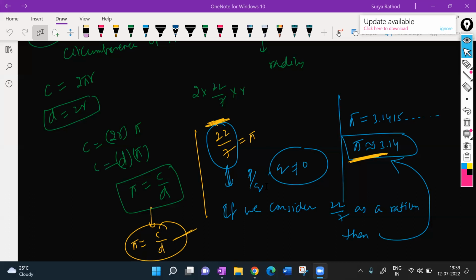Why? Because after the decimal 3 is repeating, never ending, but repeating. So it is non-terminating but recurring. Pi value is non-terminating, non-recurring. So this type of value should be an irrational number. That is my conclusion: pi is an irrational number.